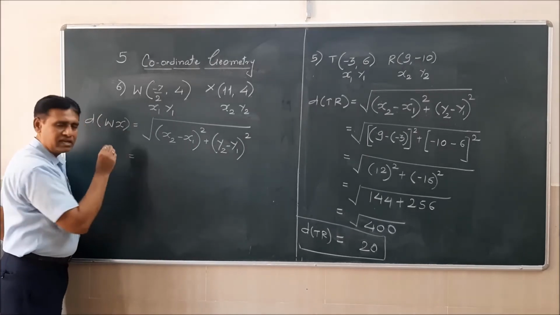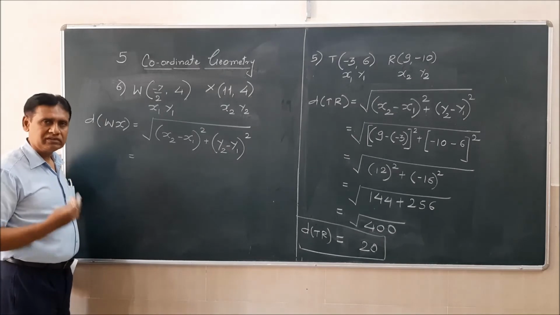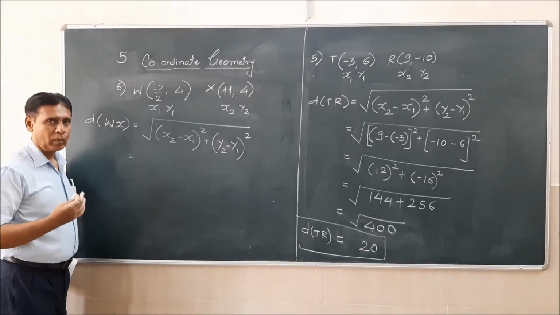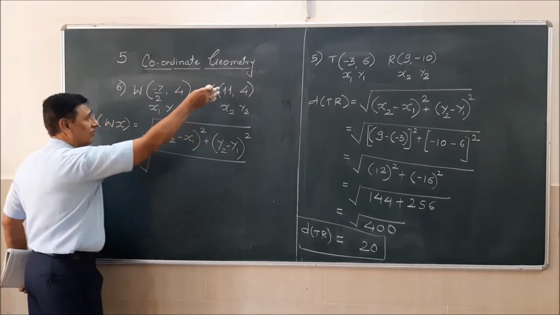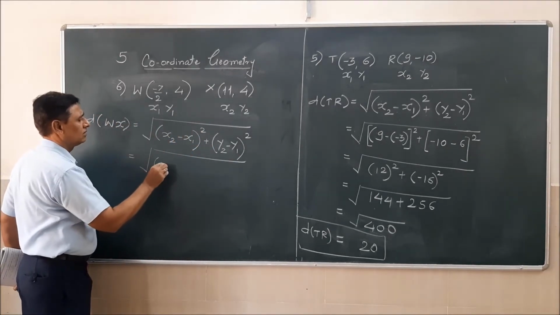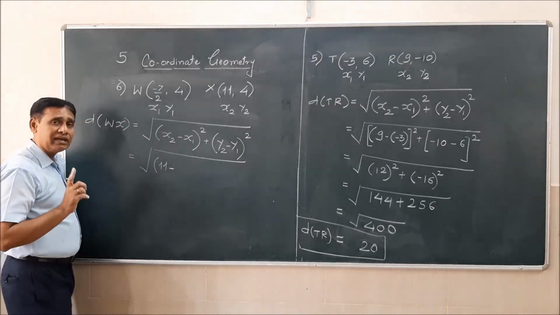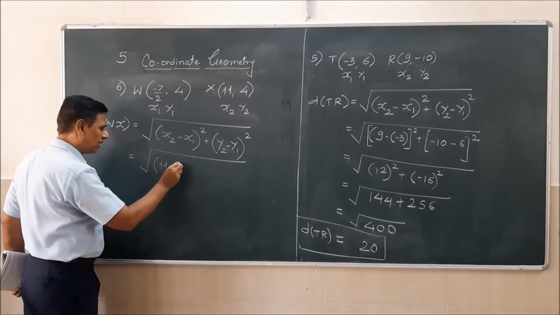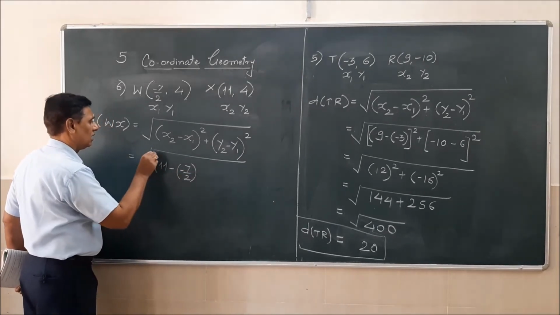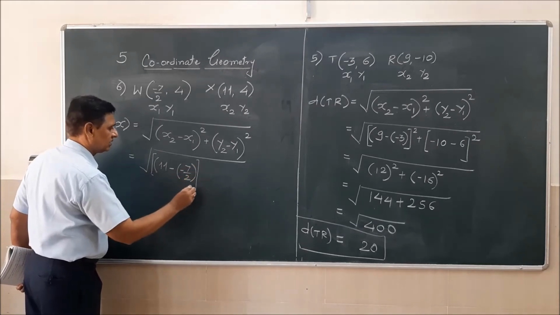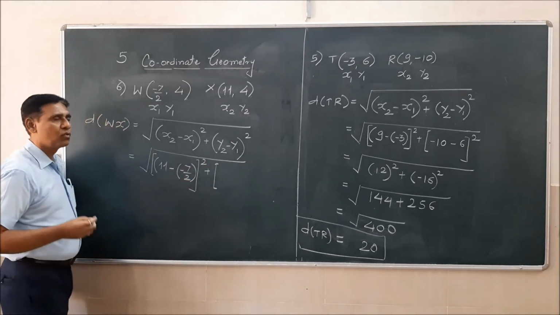The next step is simply to substitute the values of x1, y1 as well as x2, y2. So you will find that square root of value of x2 is 11, while that of value of x1 is minus 7 upon 2. Be careful here. Please place the value of x1 in the bracket, the whole square, plus y2 minus y1.